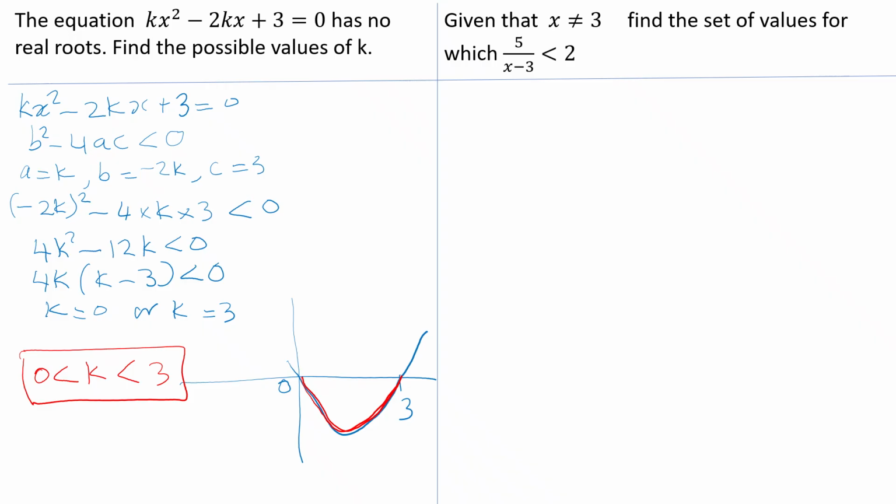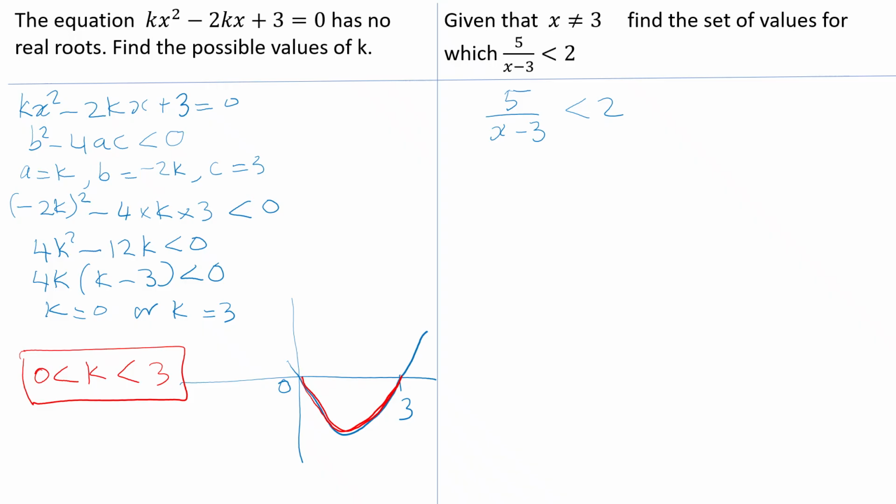Next one, given that x not equal to 3, find the set of values for which 5 over x minus 3 less than 2. So before we solve the inequality, first we need to multiply both sides by x minus 3 whole squared, because we don't know if x minus 3 is positive or negative.